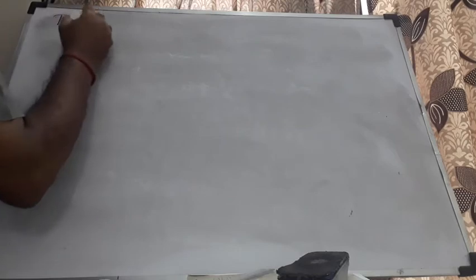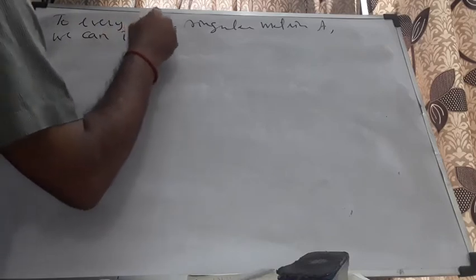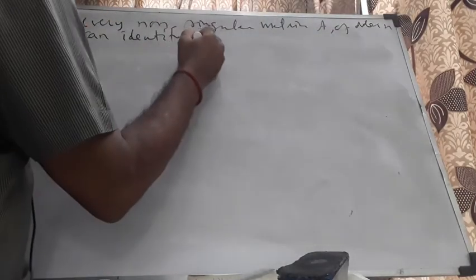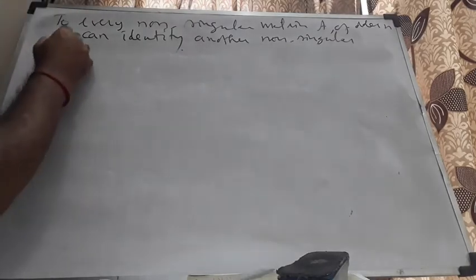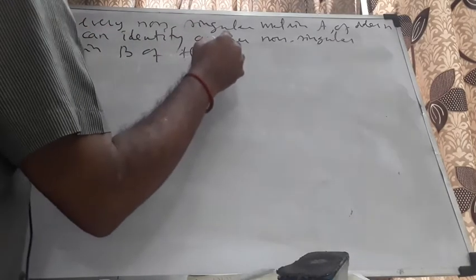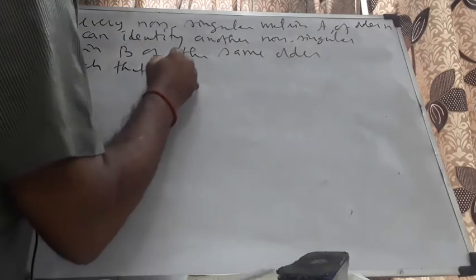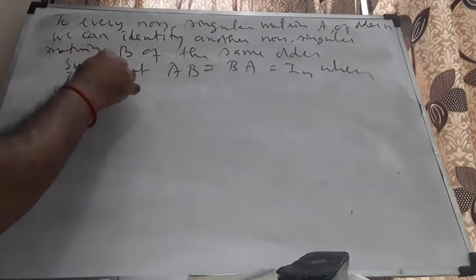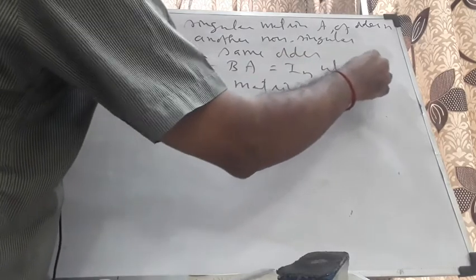Now listen carefully. To every non-singular matrix A of order n, we can identify another non-singular matrix B of the same order such that AB is equal to BA is equal to I_n, where I_n is the identity matrix of order n.